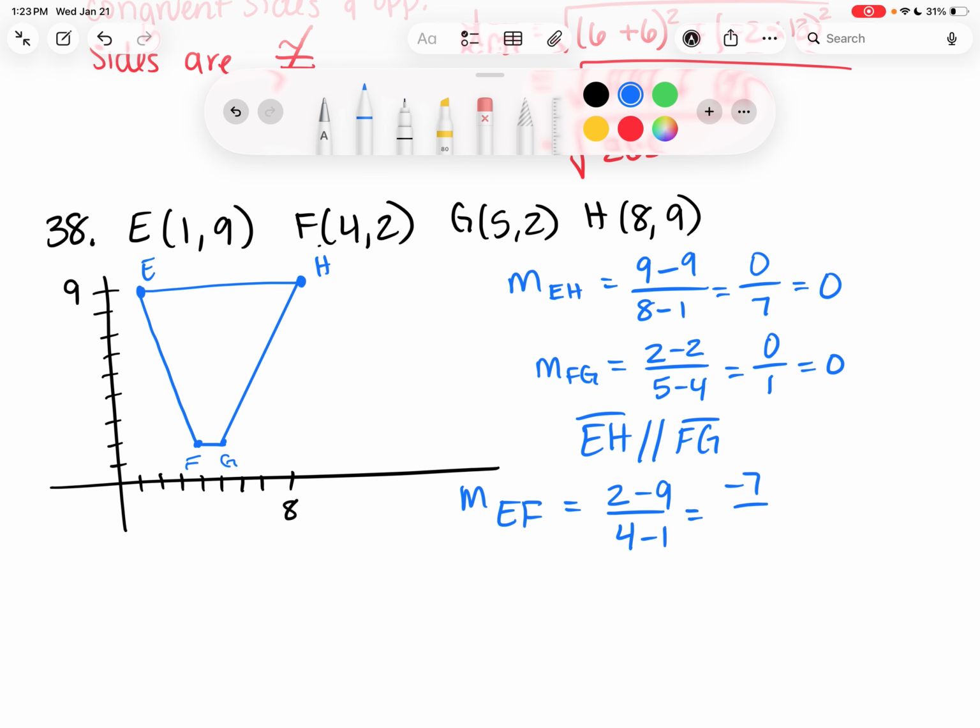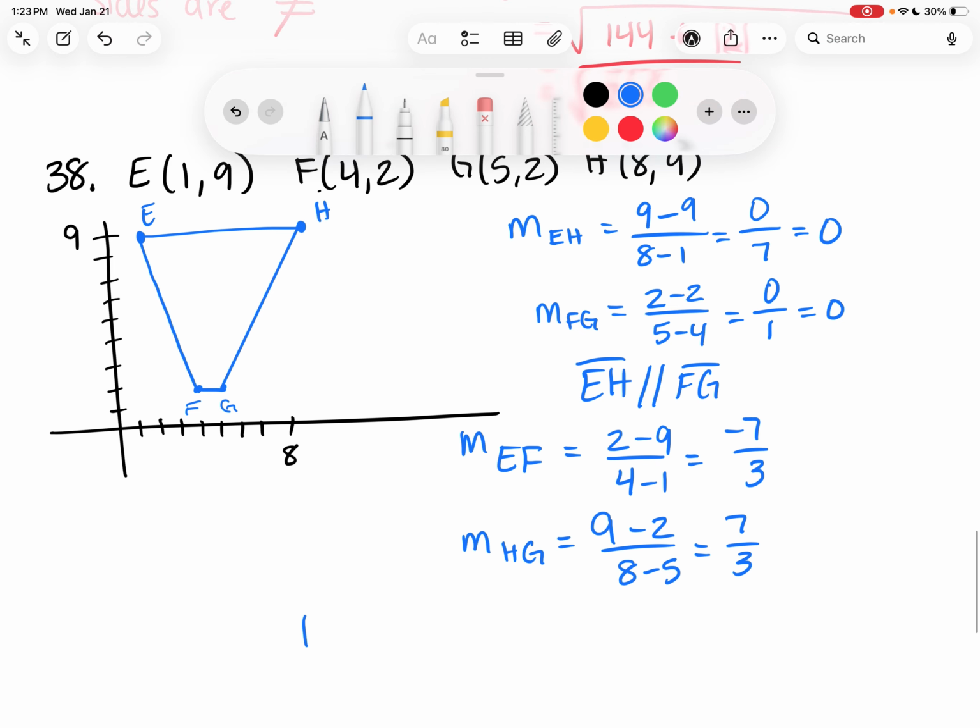So that's negative 7 over 3. And then the slope of HG, or GH, whatever, is 9 minus 2 over 8 minus 5, which is 7 over 3. So they're the same number, but one's negative and one's positive, so those are not parallel. And so then this is a trapezoid.